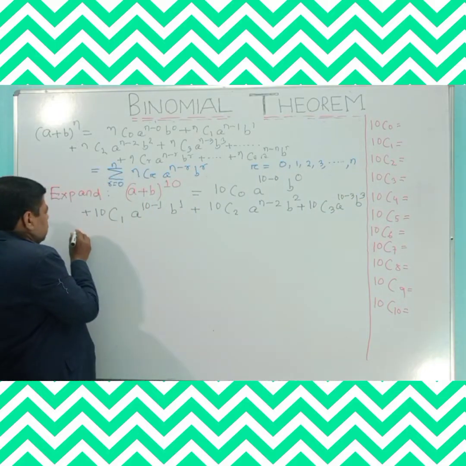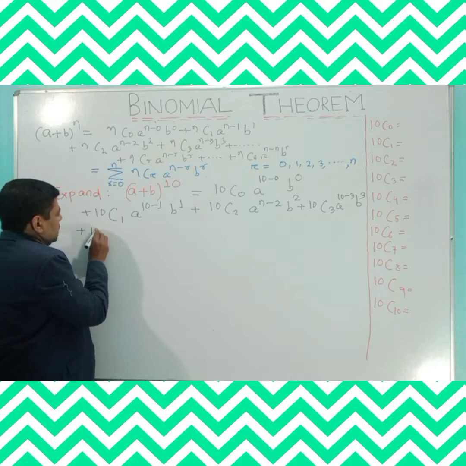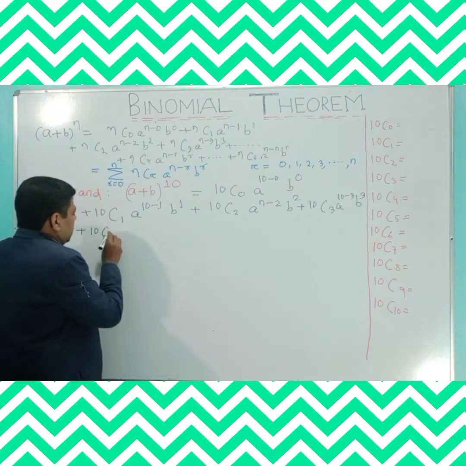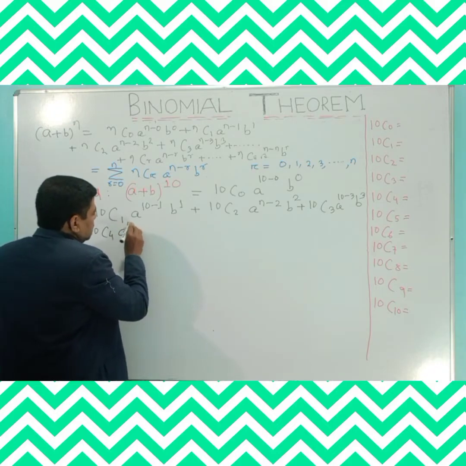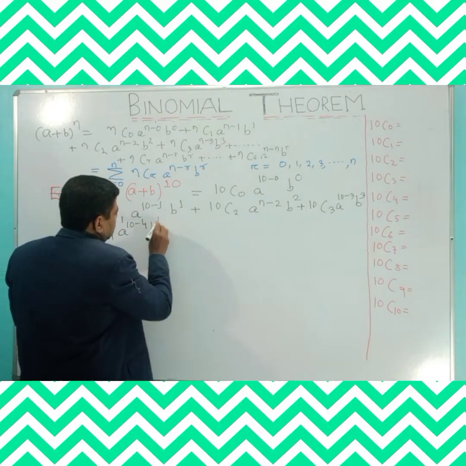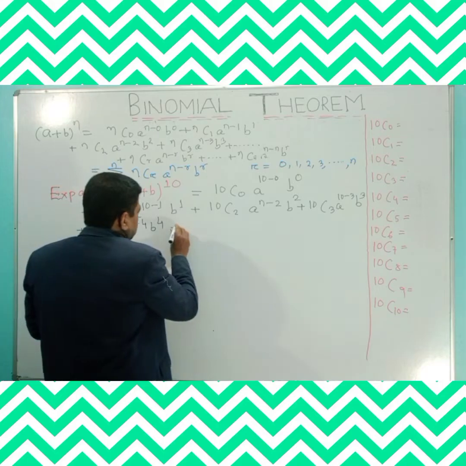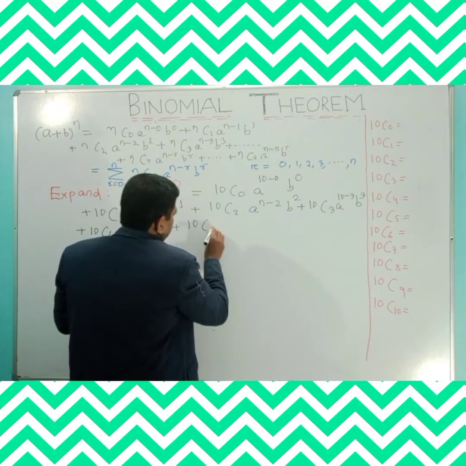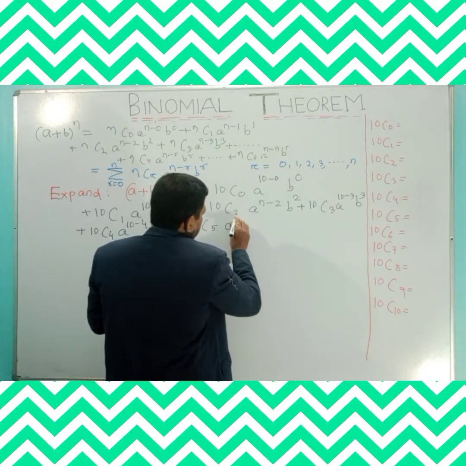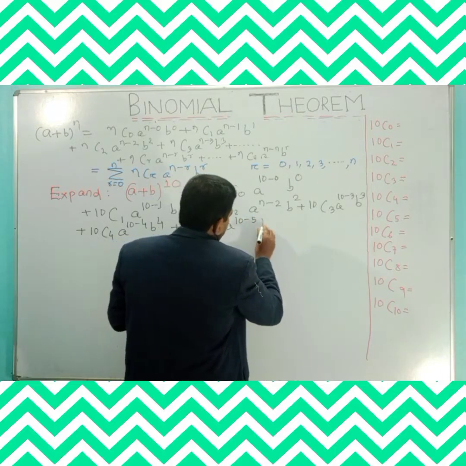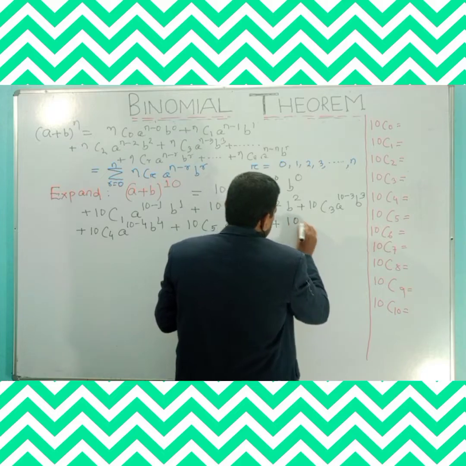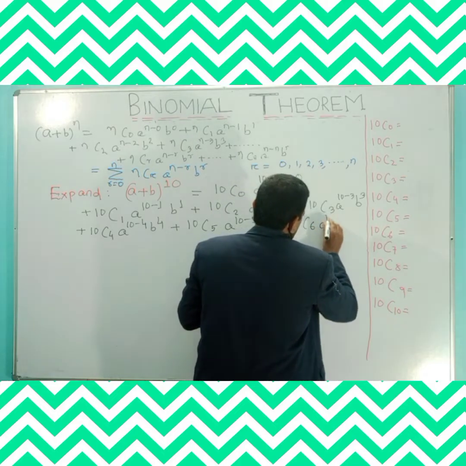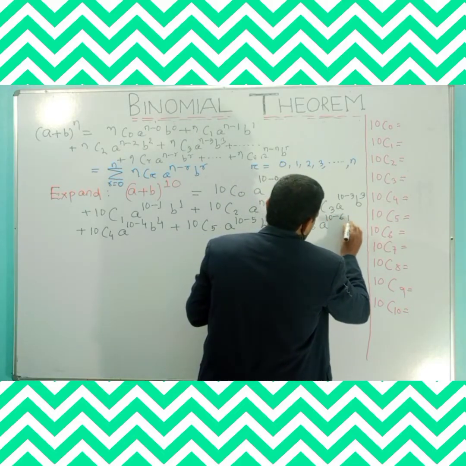Then plus 10C, after 3 it will be 4, 10C4 a to the power 10 minus 4 b to the power 4, plus 10C5 a to the power 10 minus 5 b to the power 5, and 10C6 a to the power 10 minus 6 b to the power 6.